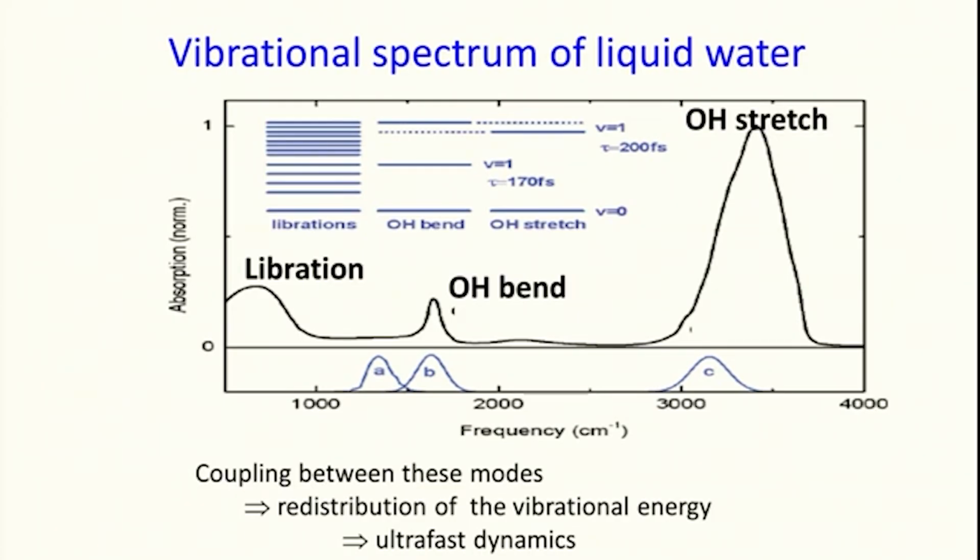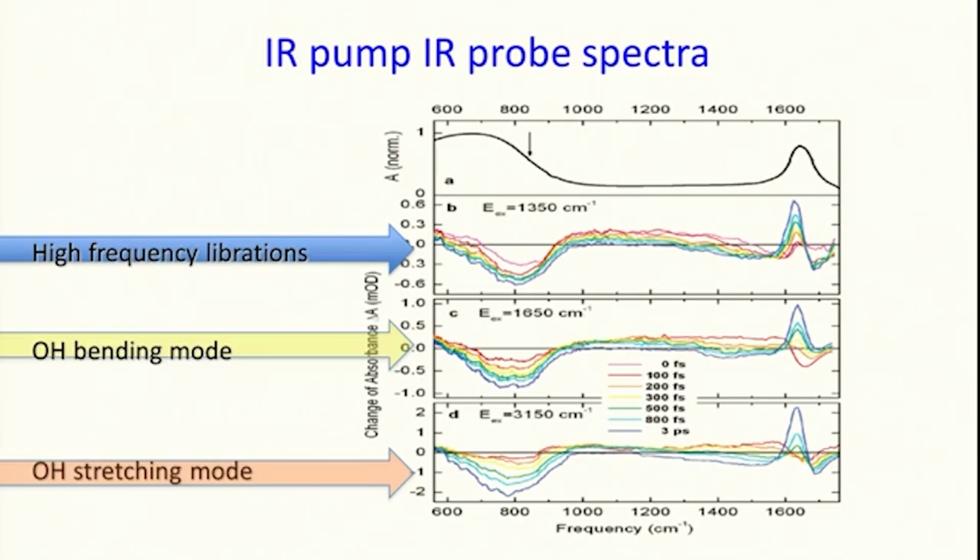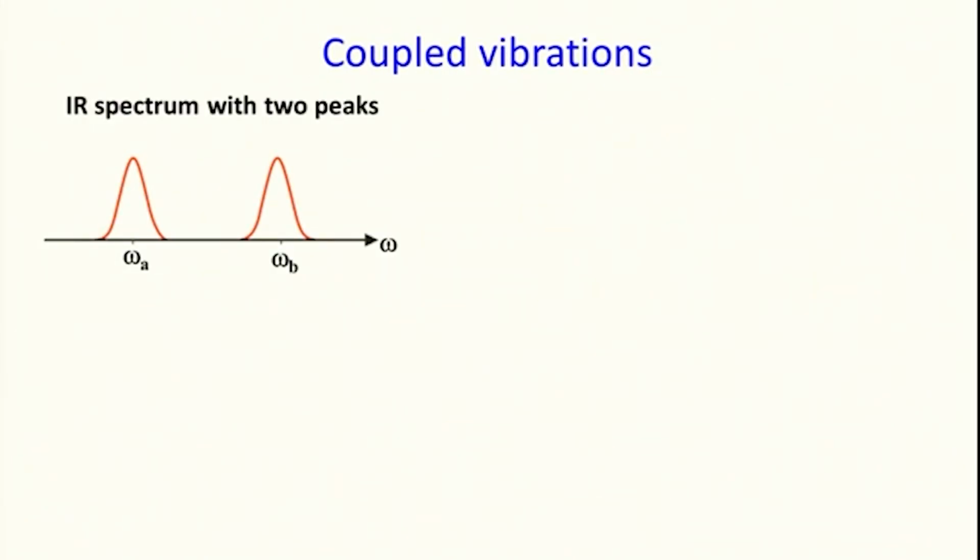So, 2D IR is sort of the next step of what we have studied in the course of discussion of this topic. There, if you remember, we did an IR pump IR probe. We learned an IR pump IR probe spectroscopic technique. Here, how do we add another dimension and what is the advantage?